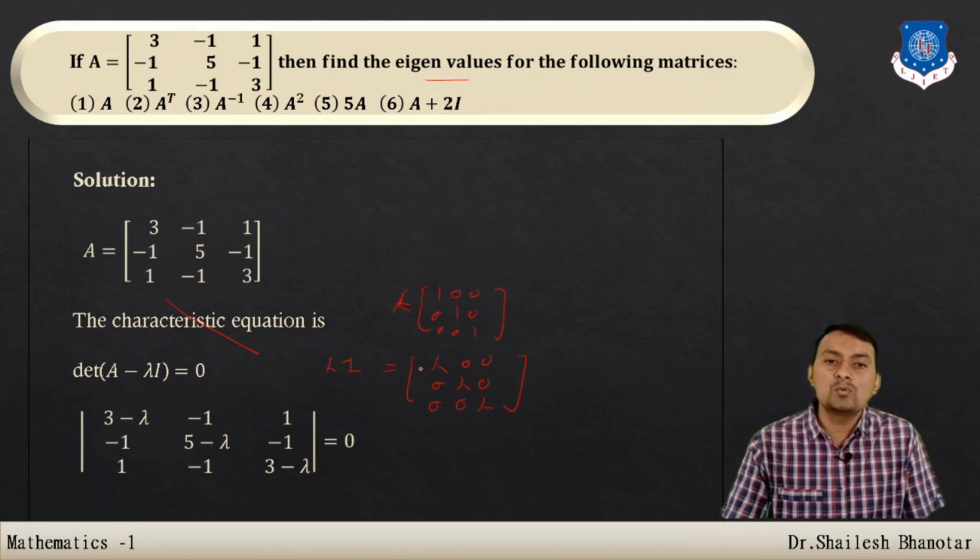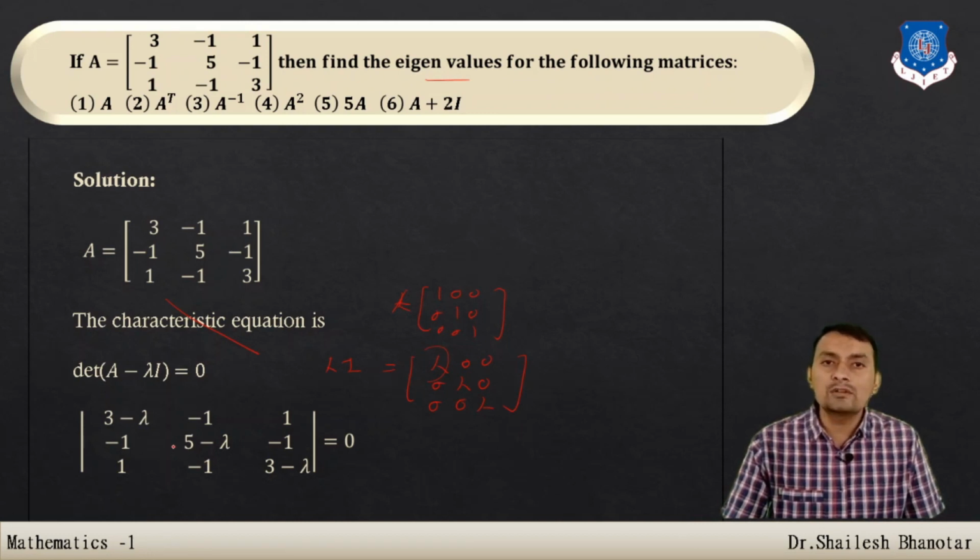Now you need to consider A minus lambda I, that means you need to subtract these two matrices. 3 minus lambda, then minus 1 minus 0, that is minus 1, 1 minus 0, that is 1, minus 1 minus 0, that is minus 1, 5 minus lambda is there, minus 1 minus 0, that is minus 1, and the same for the last row. So you will get this one. But whenever you find its determinant, you can also get its characteristic polynomial.